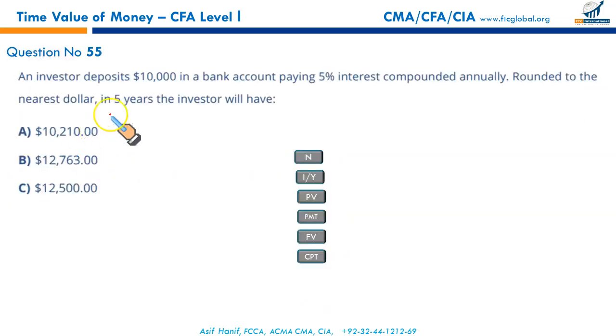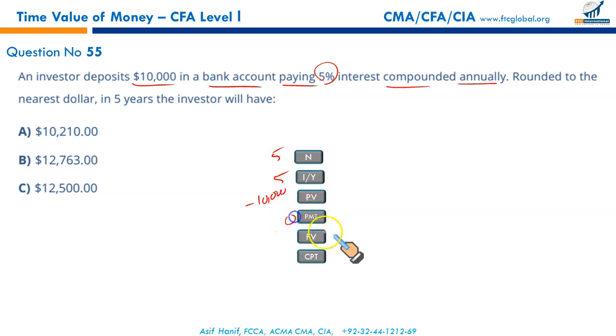B it is. Next. An investor deposits $10,000 in a bank account paying 5% interest compounded annually. Rounded to the nearest dollar, after 5 years, the investor will receive what? So 5 is the interest rate, and there are 5 periods involved. What you have deposited in the bank is negative 10,000.